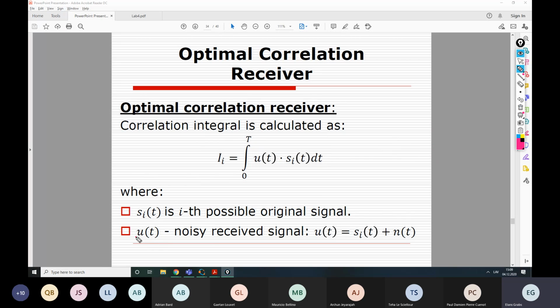So please note here that what we have received is one of those signals plus noise. We don't know exactly which one. Maybe we should even write S_j, where j is not equal to i. Well, at least not always, right? Not automatically.